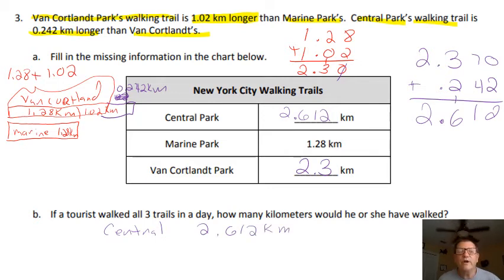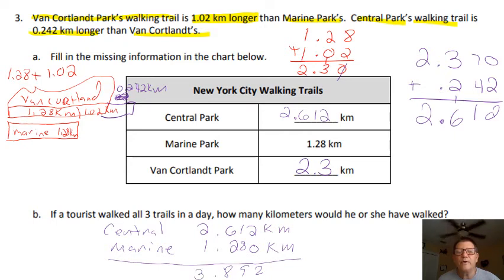I know that Marine was 1.28 hundredths. So I'm going to change that to thousandths just to get a total going so far. When I add these two together, I've got 2983. So that's my total distance so far, is 3.892 thousandths kilometers. But I still have Van Cortlandt to add in, which is 2 3/10.